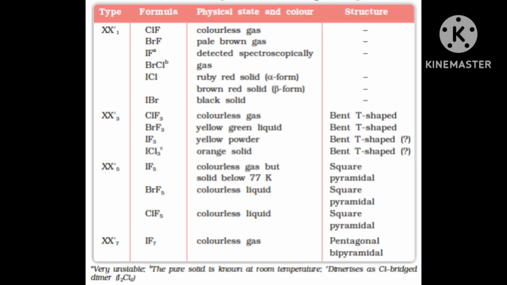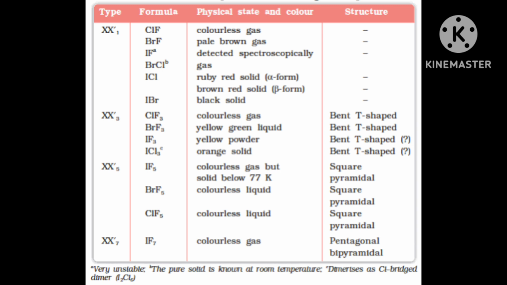X is larger in size and X' is smaller in size, and X is more electropositive than X'. Already told you, one will behave as electropositive, the other as electronegative.